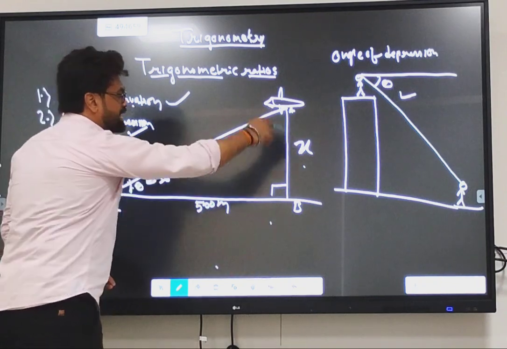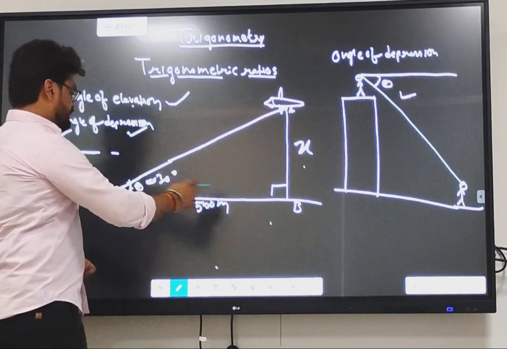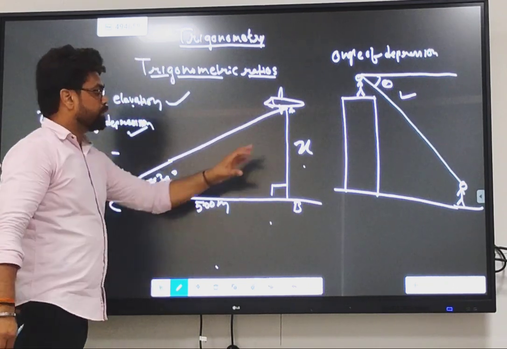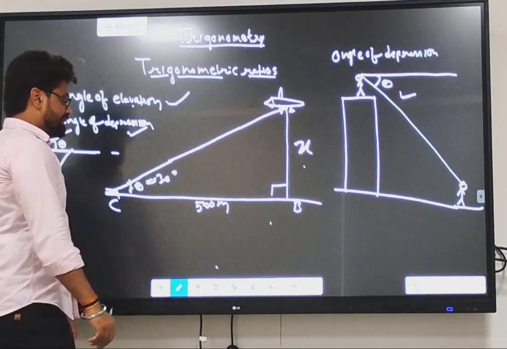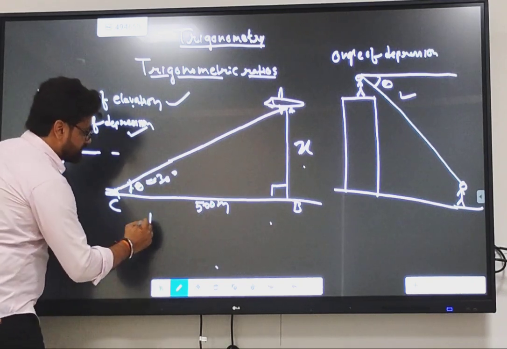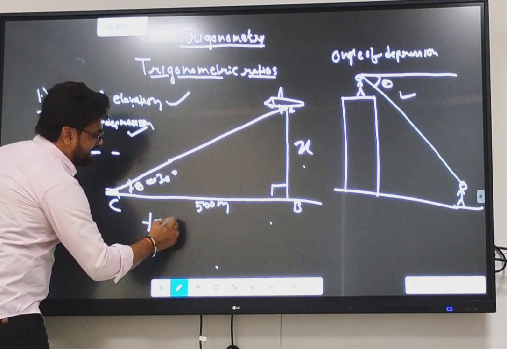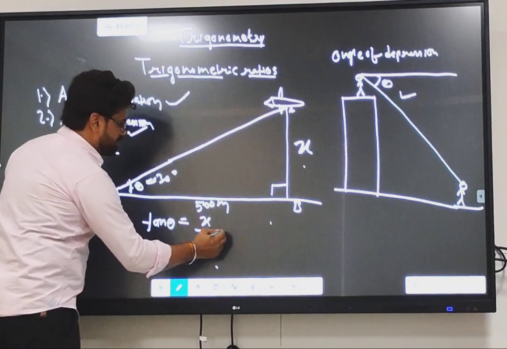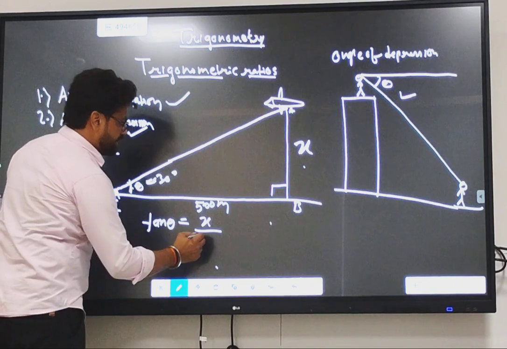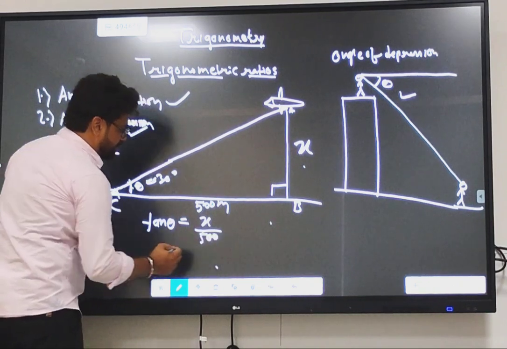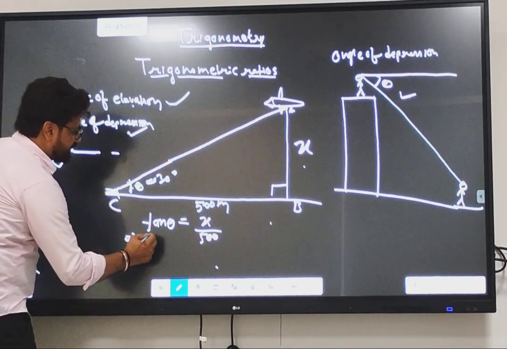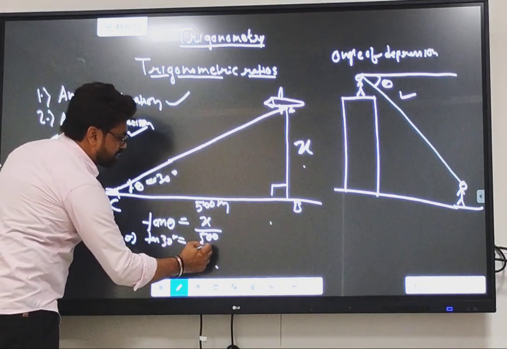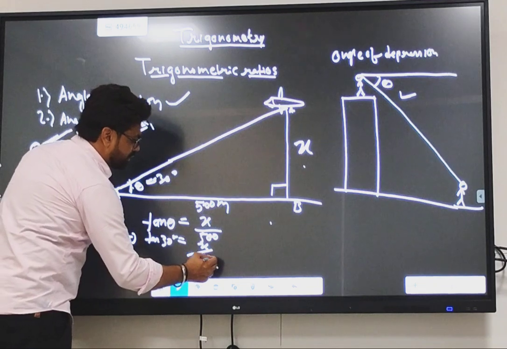So what is this x? This is the perpendicular. This BC is the base. So what was the ratio containing perpendicular and base? Yes, that was tan. So tan theta will be equal to x upon this BC, that is 500. Now theta is known, that is 30 degrees. So tan 30 equals x upon 500.